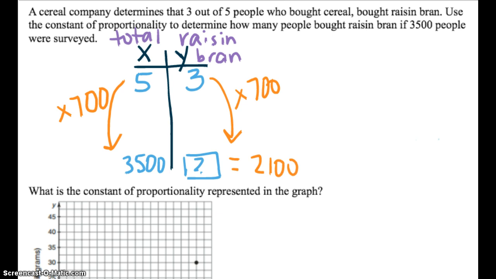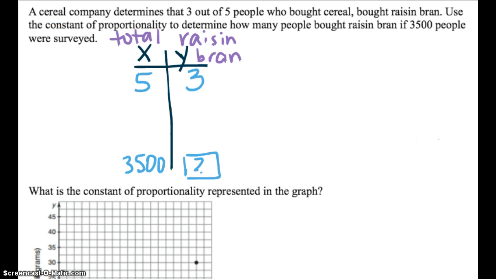So I know that my answer is 2,100 people bought Raisin Bran if this many people were surveyed. However, the question asks us to use the constant of proportionality. So let's figure out what that constant is and use it to see if we get 2,100.